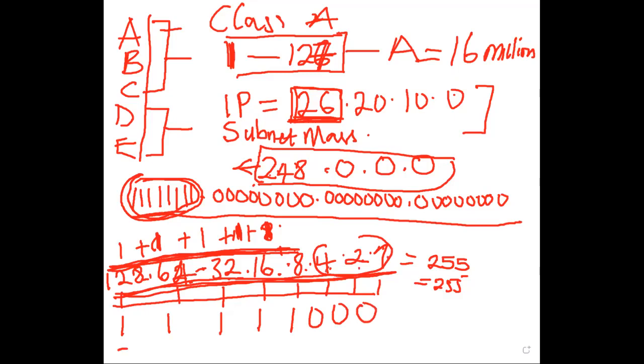This would be the binary bits for a subnet mask of 248.0.0.0. So let's erase this and replace it in the situation.